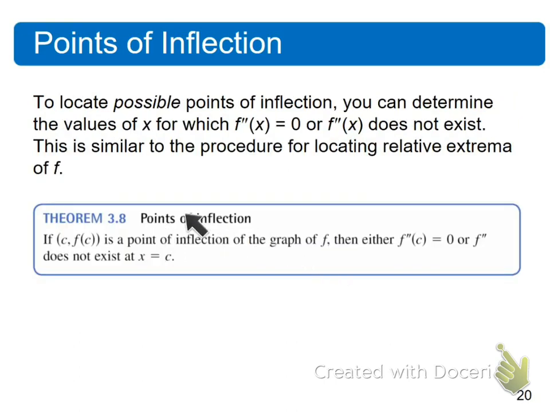So, points of inflection: if (c, f(c)) is a point of inflection, then we should know this. The second derivative had to be 0, or the second derivative does not exist.